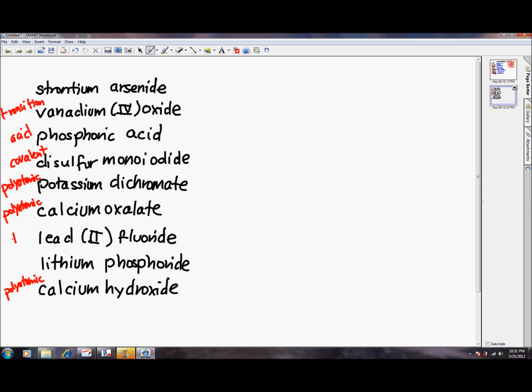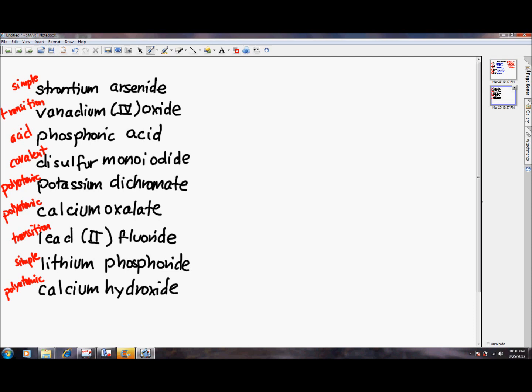Here's another Roman numeral. Transition. Okay, and the last group are the ones that are pretty much everything else. That's the simple group. Strontium is in the alkali earth metals, and lithium is in the alkali metals.